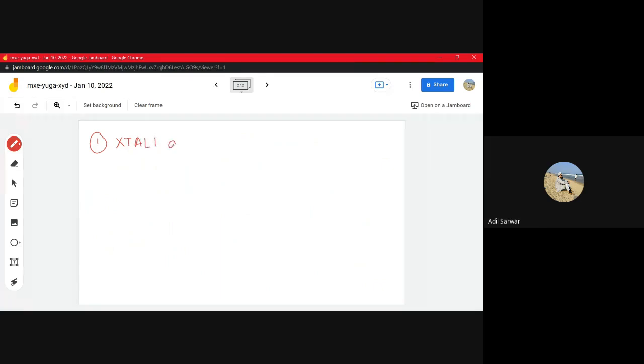These pins are basically connected to a crystal oscillator, and the frequency of that crystal oscillator is 12 megahertz.